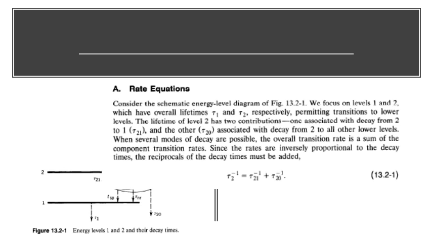When several modes of decay are possible, the transition rate is a sum of all the possible transition rates. The rates are inversely proportional to decay times, so the reciprocals of the decay times must be added. So the decay time tau 2 is given by 1 over tau 2 equals 1 over tau 21 plus 1 over tau 20.